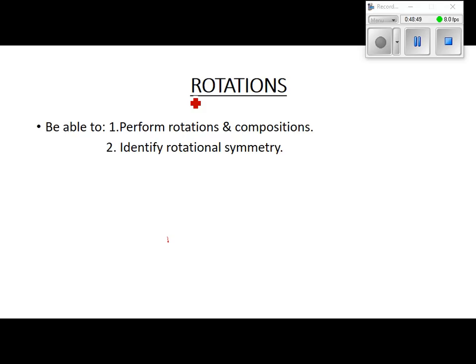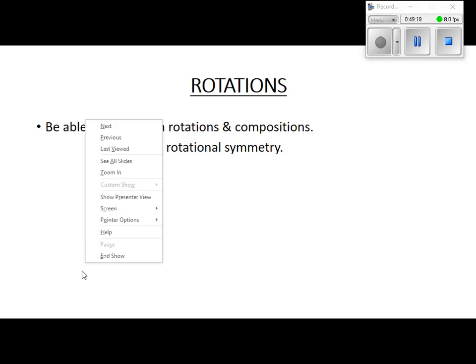In the old books that we used to have, we would say this has order of rotational symmetry of 2, because it looks exactly the same twice throughout one turn. So the order of rotational symmetry would be 2. Again, for rotational symmetry, you're just going to write down 180 degrees. It looks exactly the same.